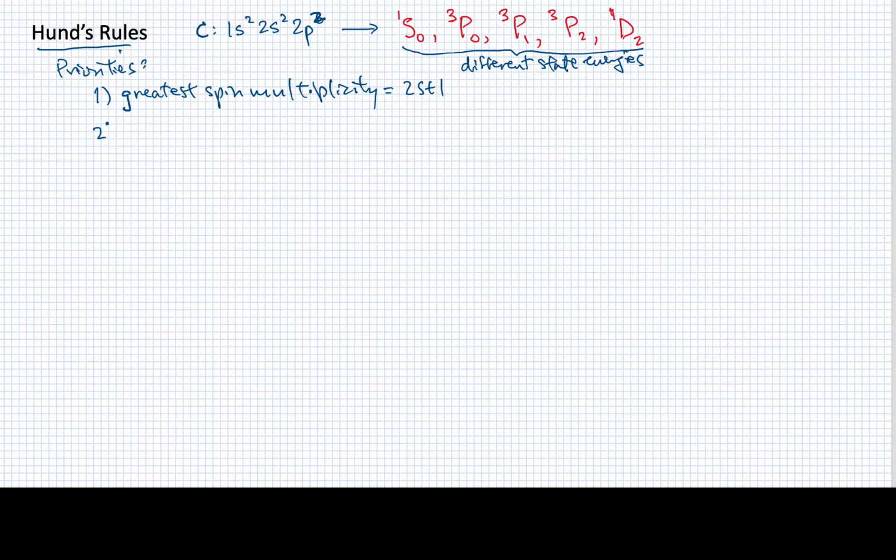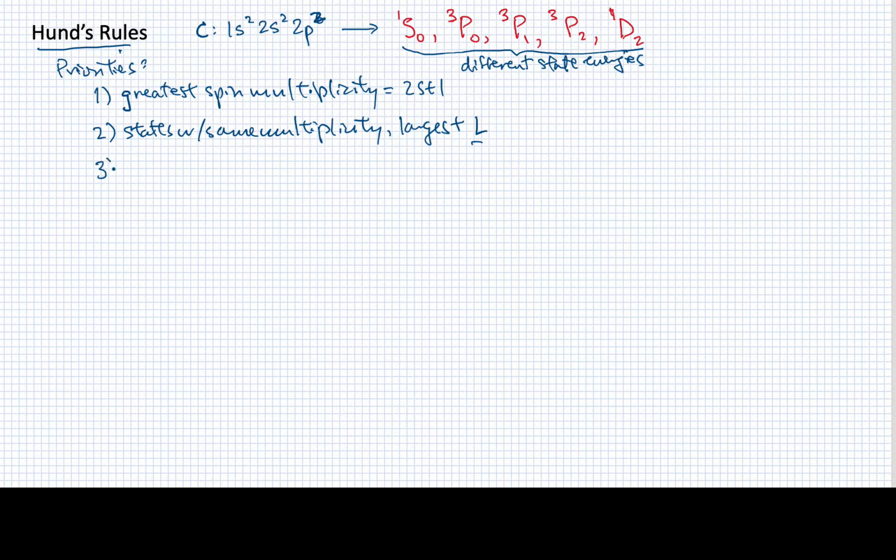The second priority is if you have more than one state with the same multiplicity, then among states with the same multiplicity, the one that has the largest value of L would be the ground state.